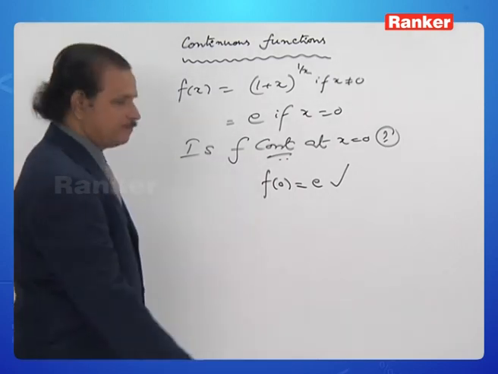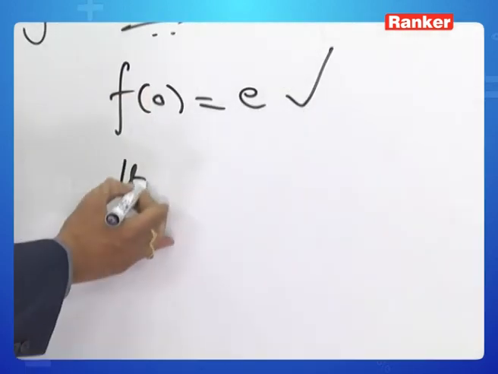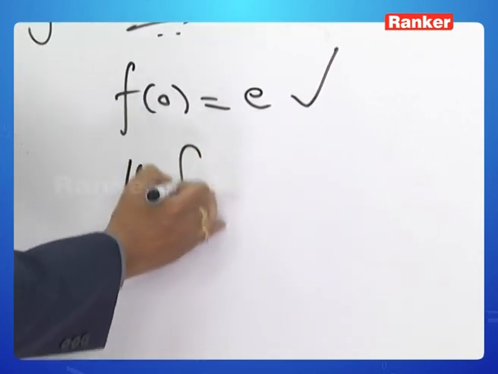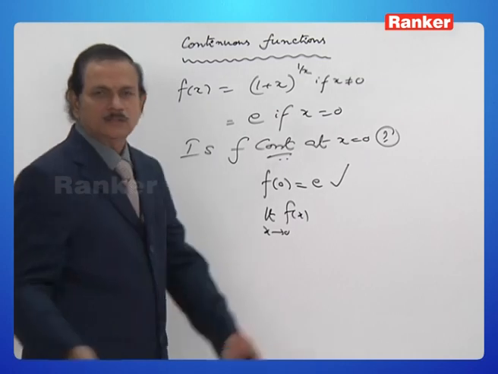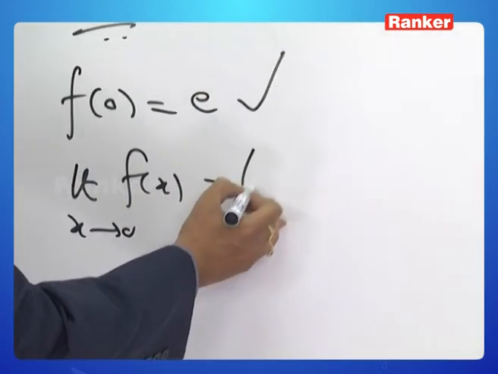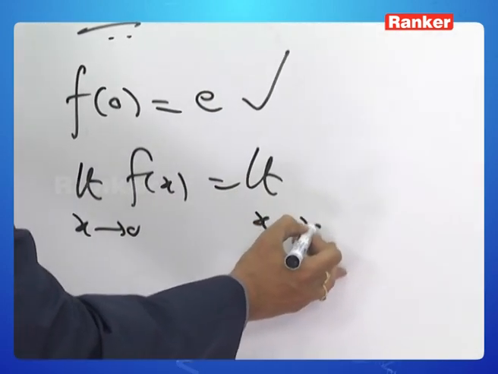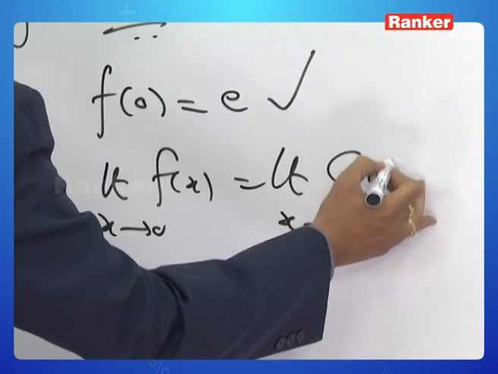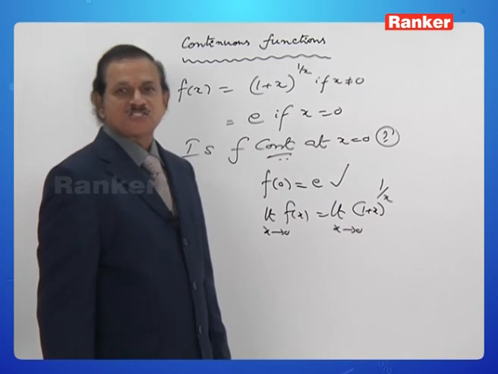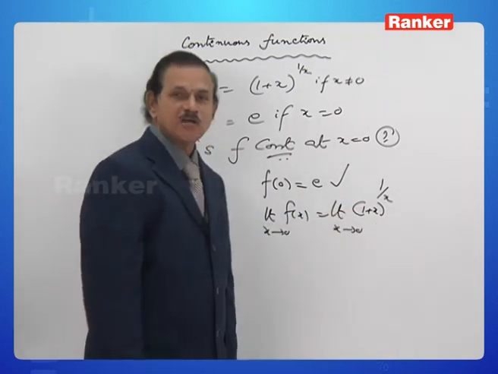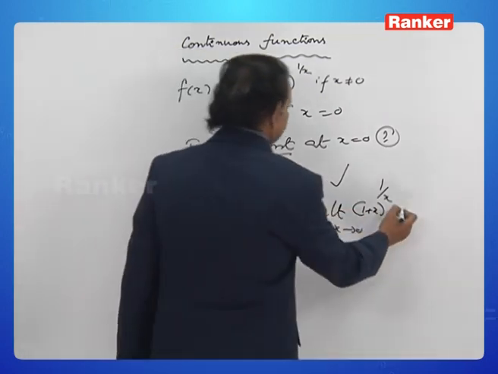Second one. What about the second one? Limit as x tends to 0 of f of x. What do you say about it? Does it exist or not? Let us see. We notice that it is one of the standard limits, it is equal to e.